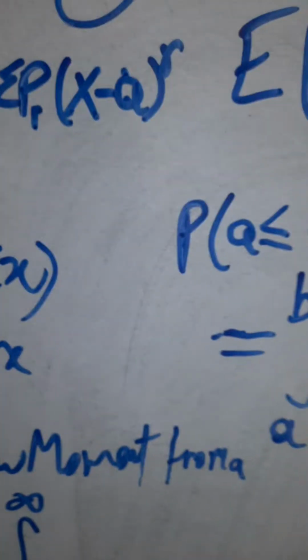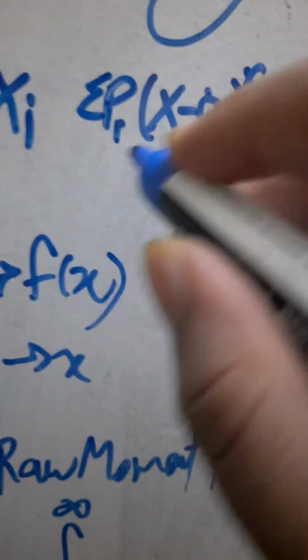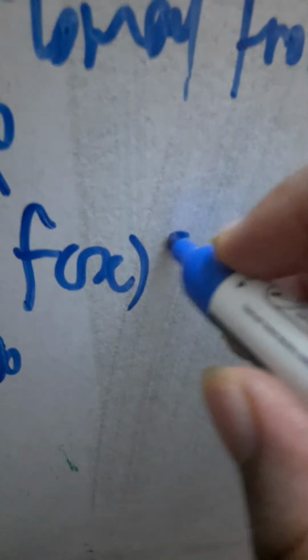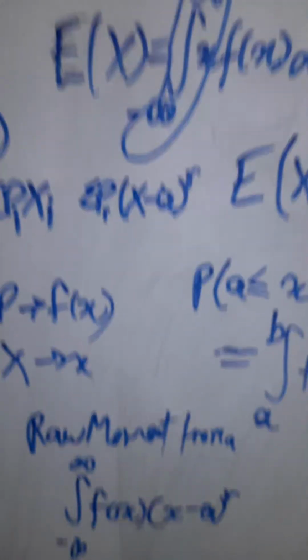So let's just do that. P is f of x, I told you. So f of x, then this is (x minus a) raised to r, so you have to multiply (x minus a) whole raised to r. So this is the formula of that.